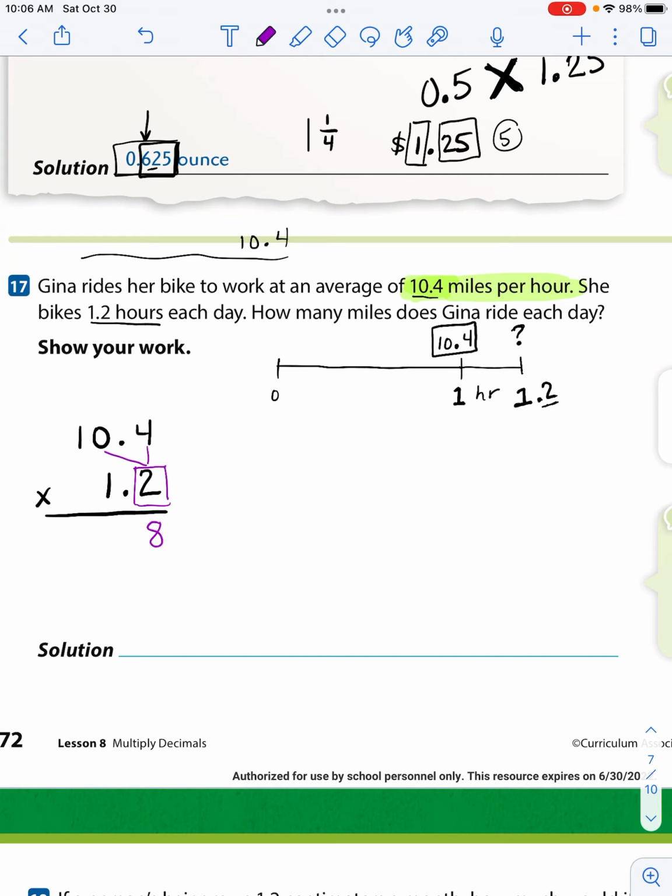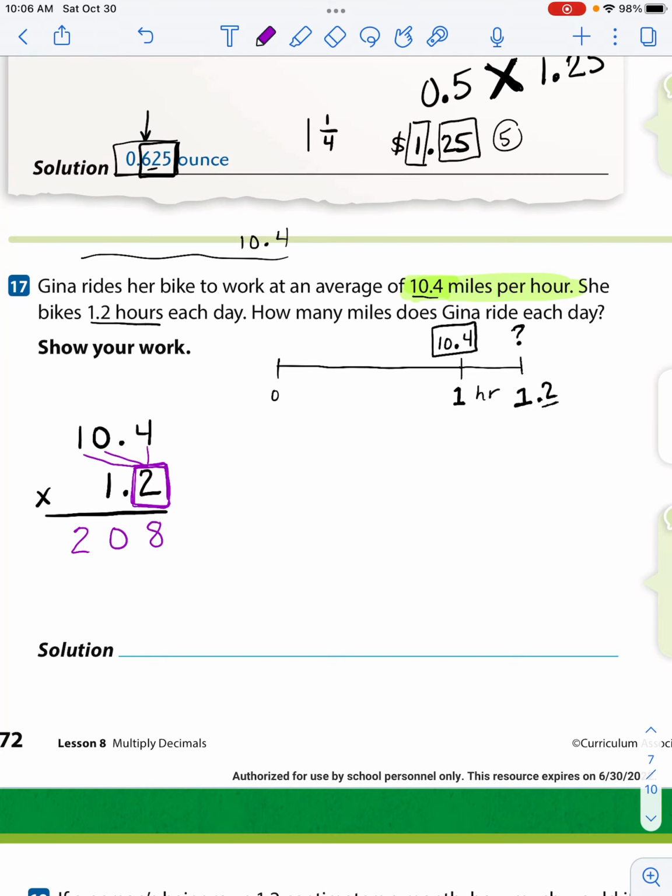And then 2/10 times 0 is 0, and 2/10 times 1 is 2. So we're going to leave this kind of old school like this for a minute. But what are we really thinking? We're doing 2/10 times 10 wholes. Where do you suppose that decimal would end up being?